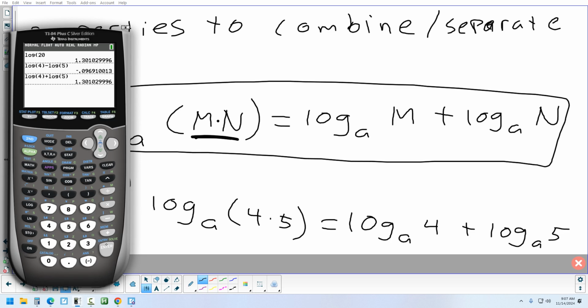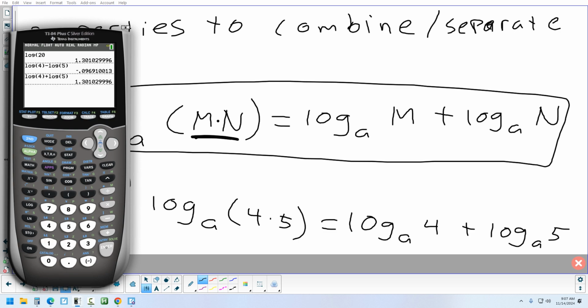Based on that idea, anyone think they could give me a different way to type in log 20 besides log 4 plus log 5? Log 2 plus log 10. Yep, log 2 plus log 10.